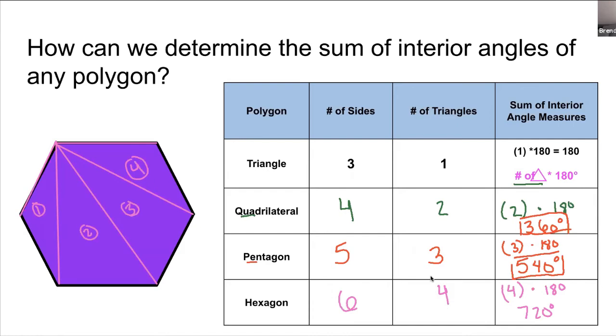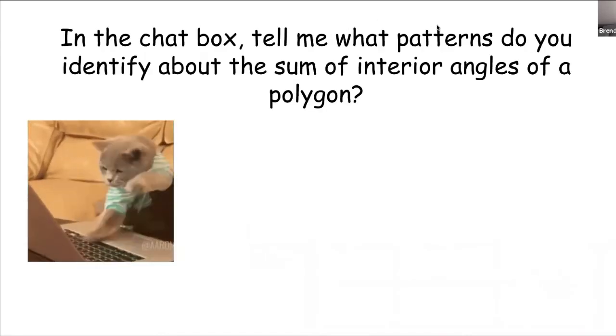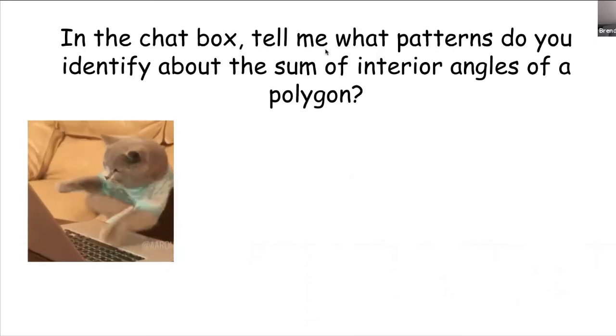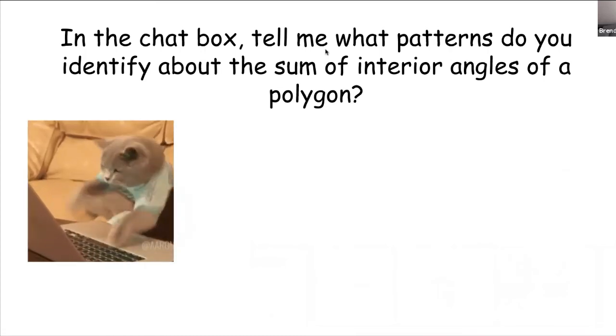Once you have created your conclusion of what you notice between the number of sides and the number of triangles within the shape, write that information out in the next slide. Where in the chat box, in this case where there's no chat box, you're going to tell me what patterns you identify about the sum of interior angles of a polygon.